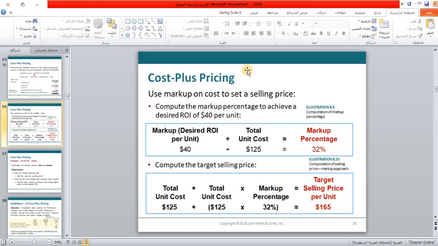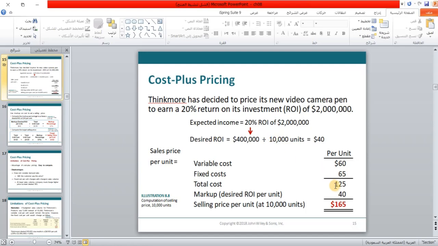Cost plus pricing uses a markup on cost to set a selling price. It's easy. Compute the markup percentage to achieve the desired return on investments of $40 per unit. We want to compute the markup as a percentage. Markup: desired return on investments per unit 40, divided by total unit cost $125.